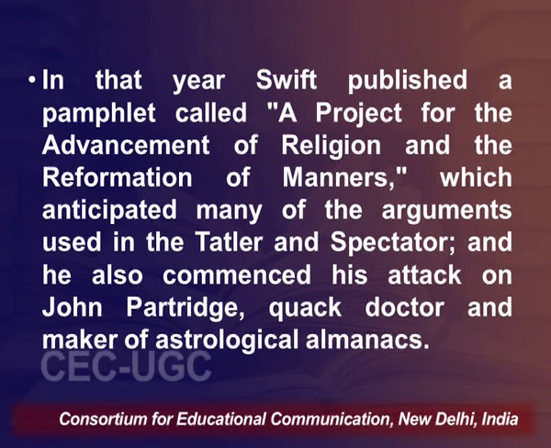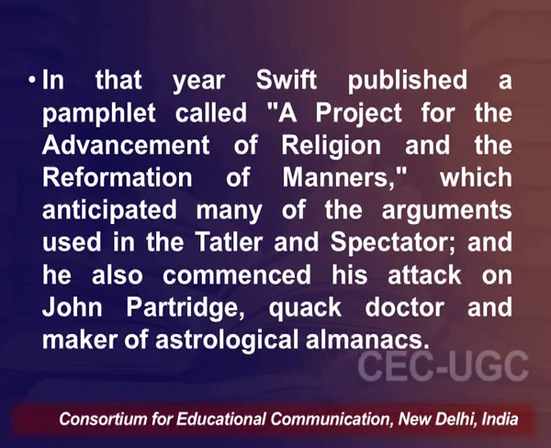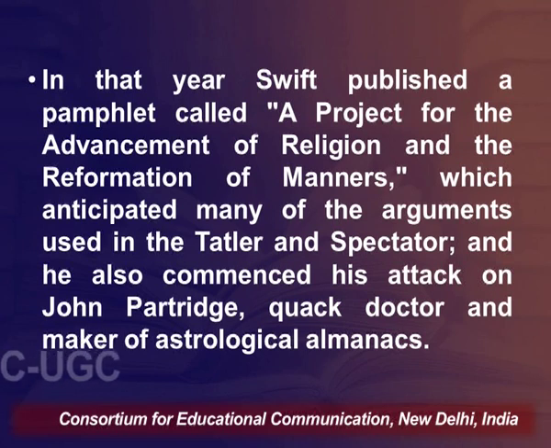Swift had published a pamphlet called A Project for the Advancement of Religion and the Reformation of Manners. And this had anticipated a lot of the arguments that were used in the Tatler and Spectator. And there was an author of astrological almanacs, whose name was John Partridge, whom Swift considered to be a quack of kinds. He was making a lot of predictions and so on.